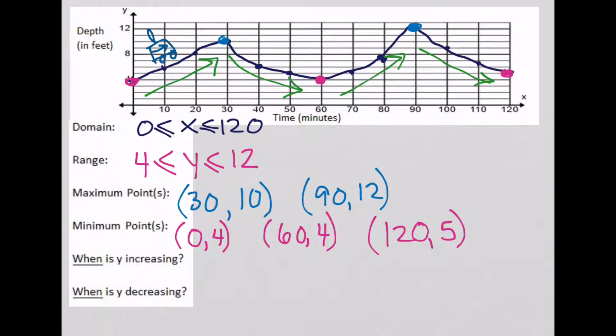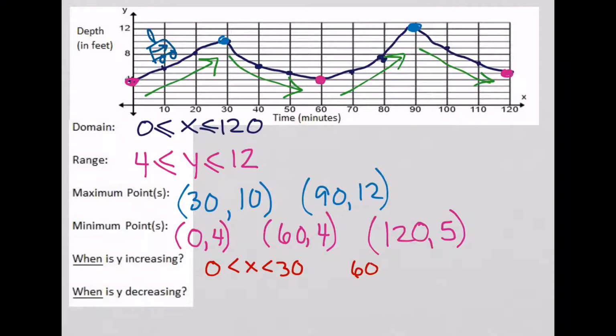Doesn't it sound familiar? It's kind of like when I asked you the question about when is the river getting deeper? Yeah, it's the same idea. So we're going to use a compound inequality to say, well, this function is increasing between 0 and 30. Is there another place where the arrow is going up? Sure.